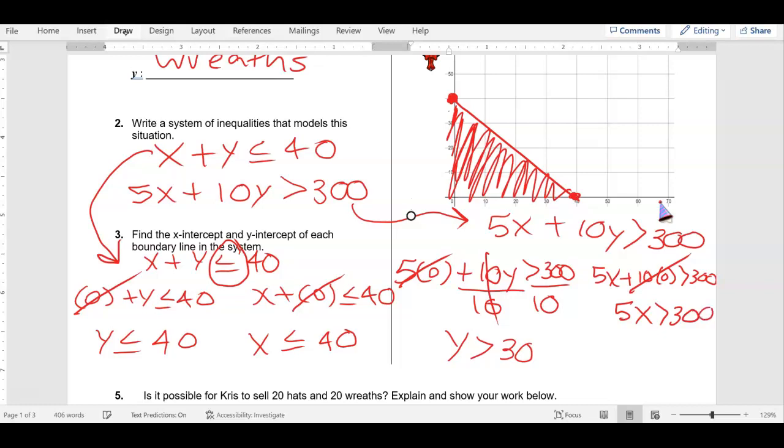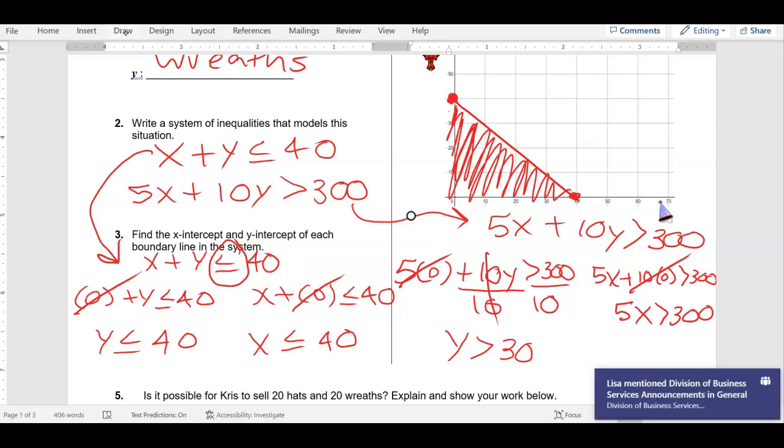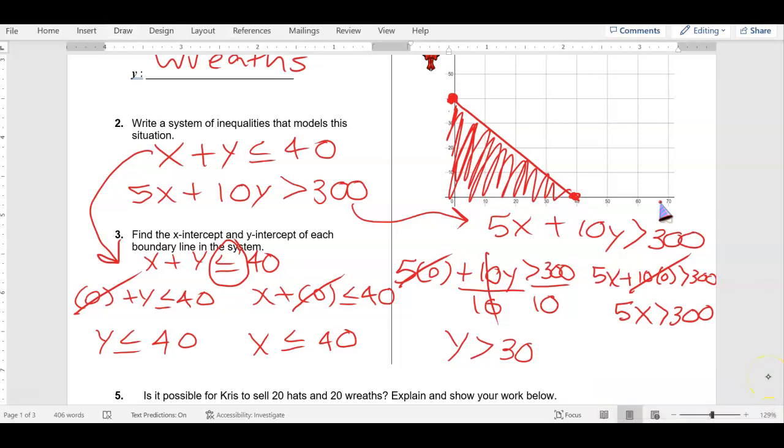How do I get rid of the 5 in front of x? Divide by 5, okay? It's a coefficient, just like last one. What's 300 divided by 5? 60, okay?